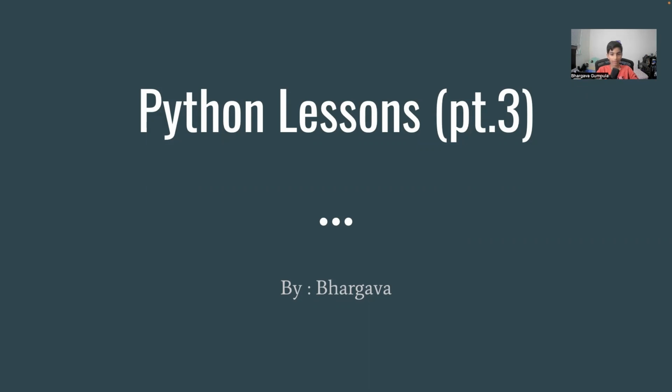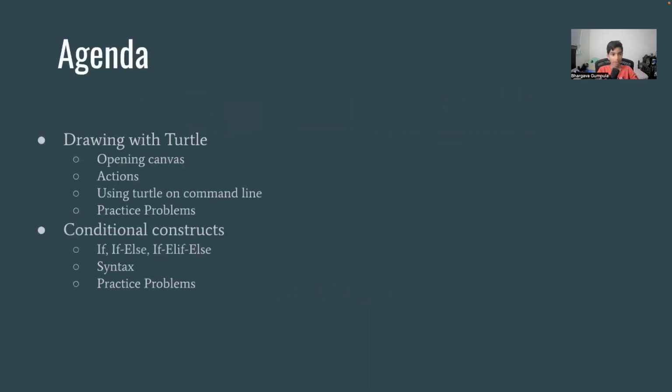So without any further ado, let's begin. What we'll be learning today is, first, how to draw with turtles. Turtle is a library in Python that you can use to draw, and I'll get into that later.